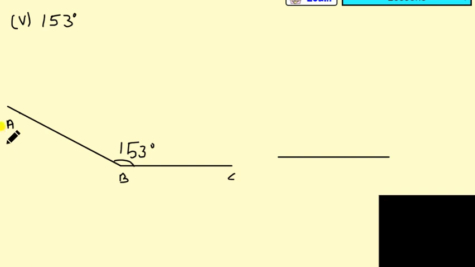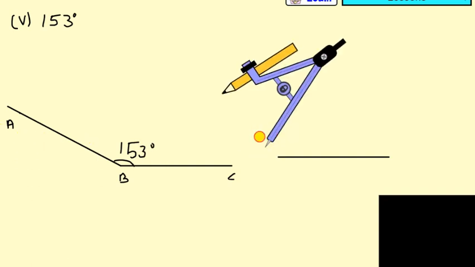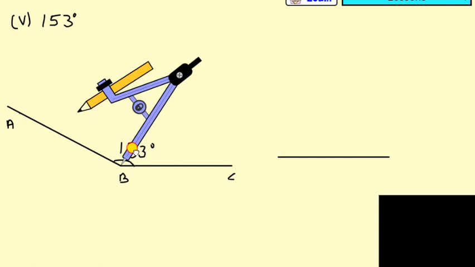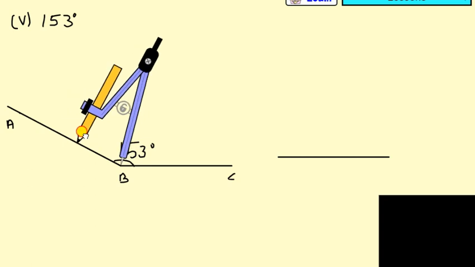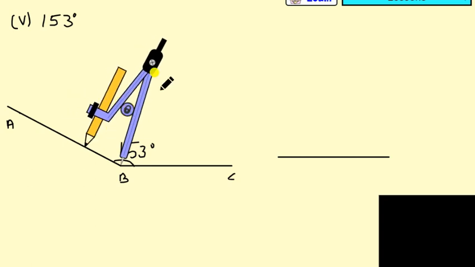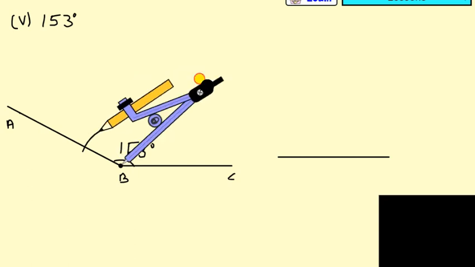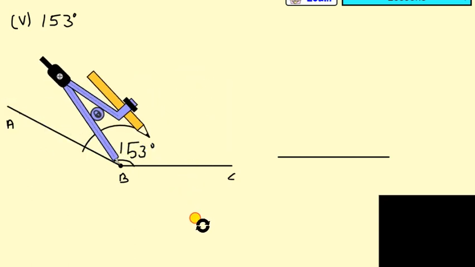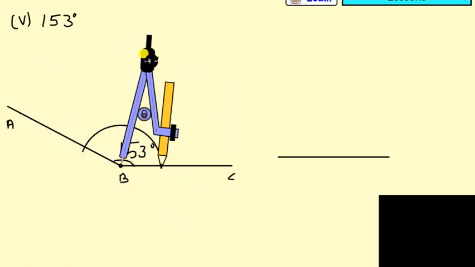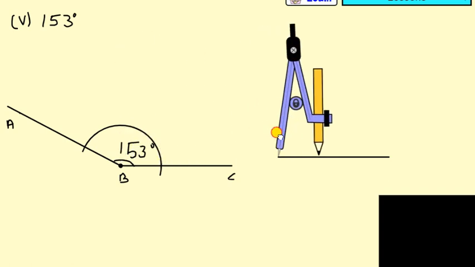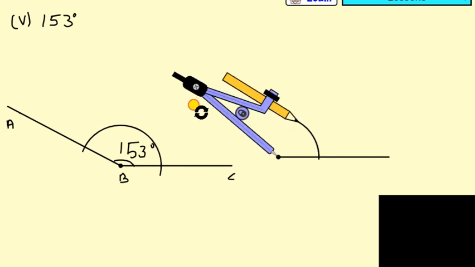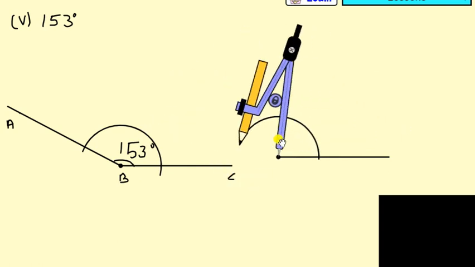Now remove the compass and draw a line segment which is passing through the point of intersection, like this. Write the names of the points: that is P, Q, and R. So angle PQR will be equal to 126 degrees.